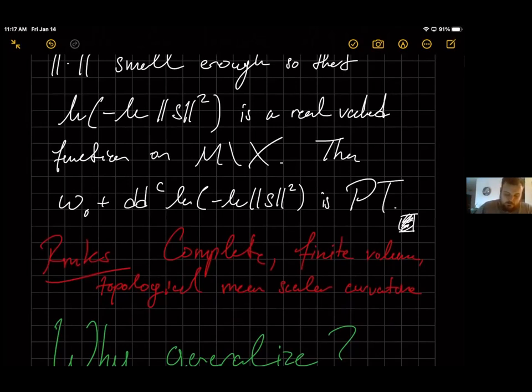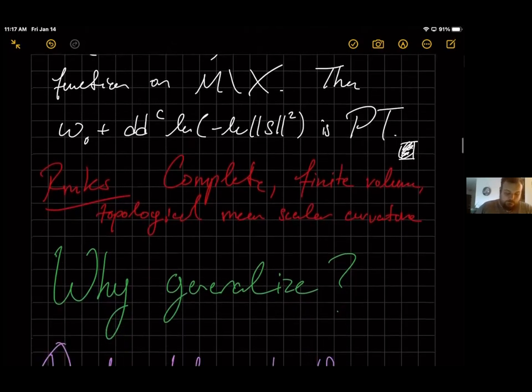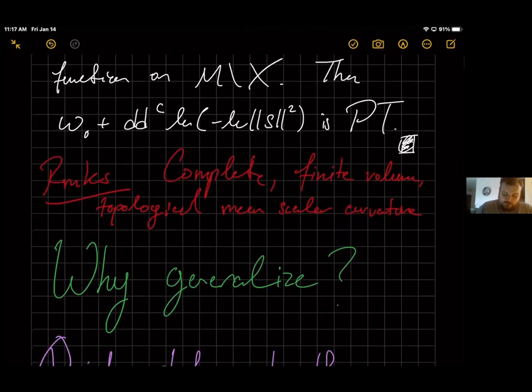And why would we care about these Poincaré-Type metrics in particular? A few nice properties they have: they're complete, and they have finite volume, and you can also compute their average scalar curvature using topological invariants. In the compact Kähler case, you can compute the average scalar curvature using the first Chern class and the Kähler class that you're working in.